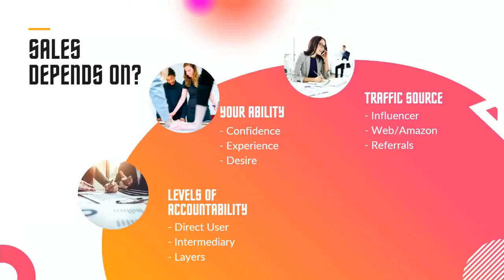However, when your sales depends on going through an intermediary, then your sales can take longer if you're not careful. So you need to organize yourself in such a way that you make your sales easier when you're going through an intermediary.